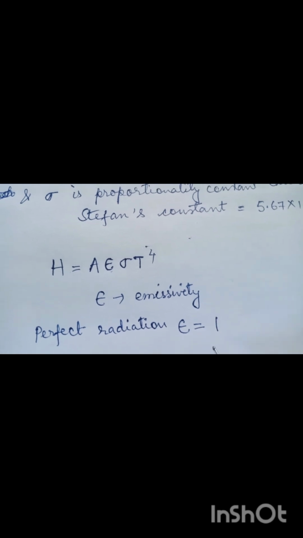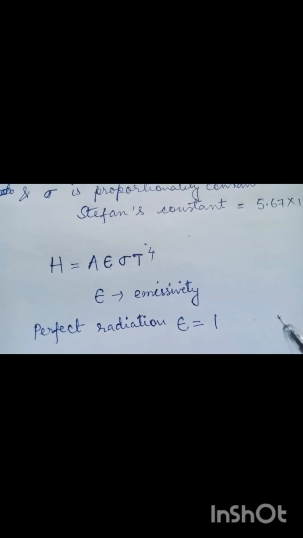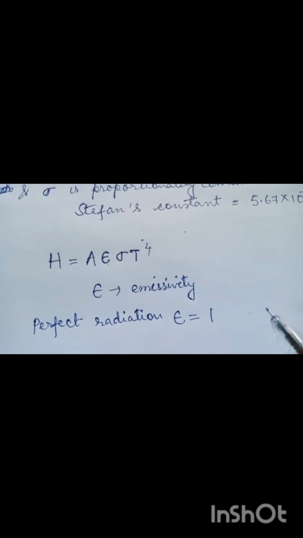For a perfect radiator, that means which can radiate all the possible wavelengths of electromagnetic radiation, its emissivity is equal to 1. Otherwise, for a tungsten lamp or tungsten wire, emissivity is 0.4. Similarly, for other materials we can find it in the appendix of the textbook.